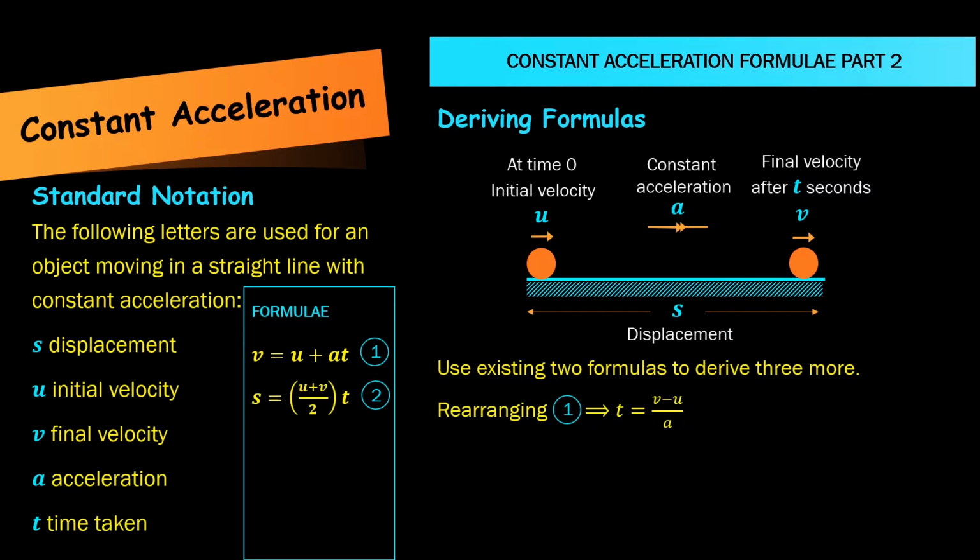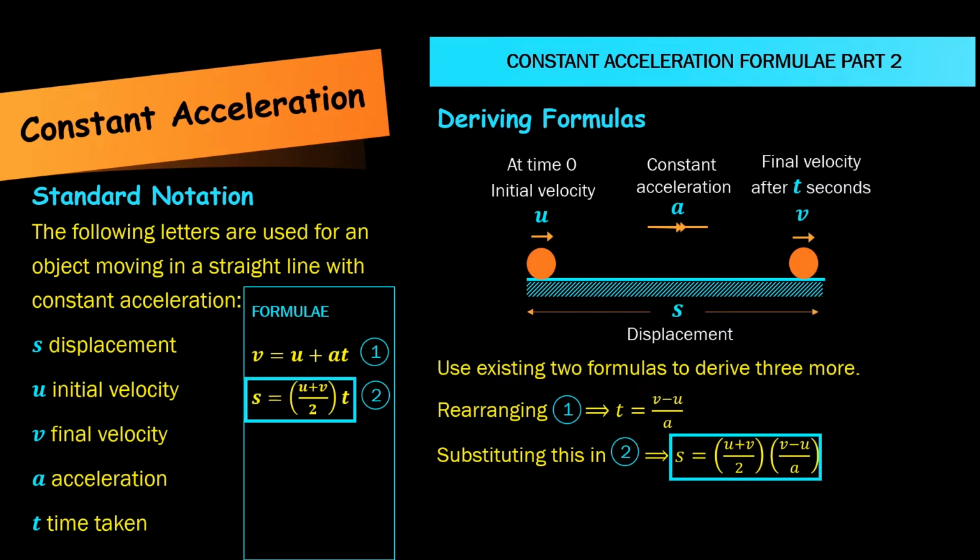Let's rearrange 1 to give t equals v minus u all over a. Then substitute this in equation 2, as shown here. T, of course, is here.